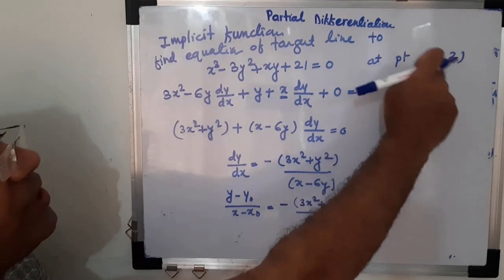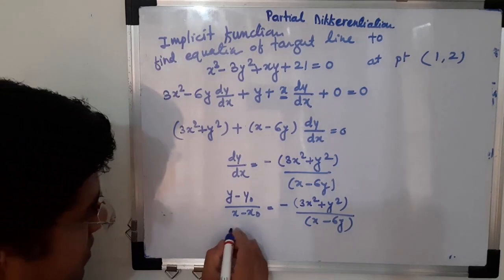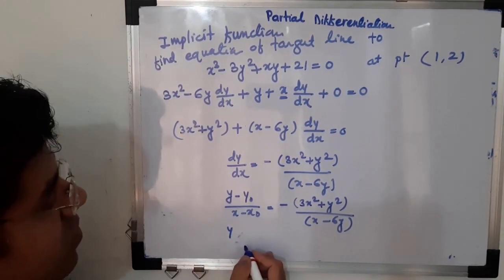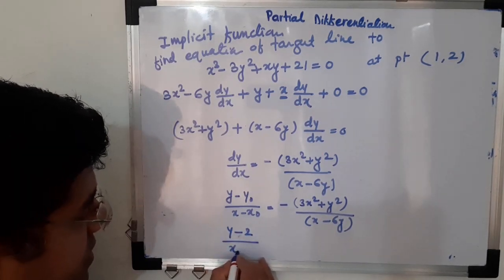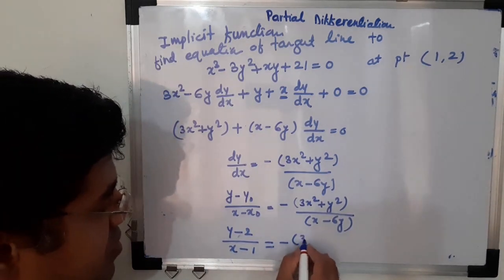Now we have been given the point 1 and 2. That is nothing but x equal to 1, y0 equal to 2. So y minus 2 divided by x minus 1 is equal to minus 3.